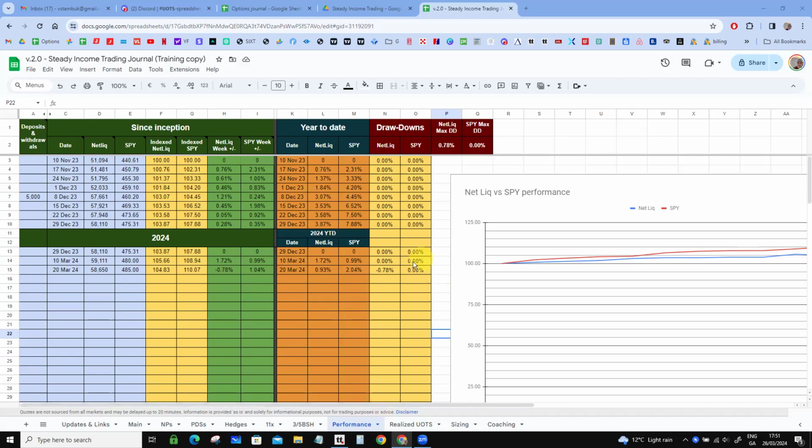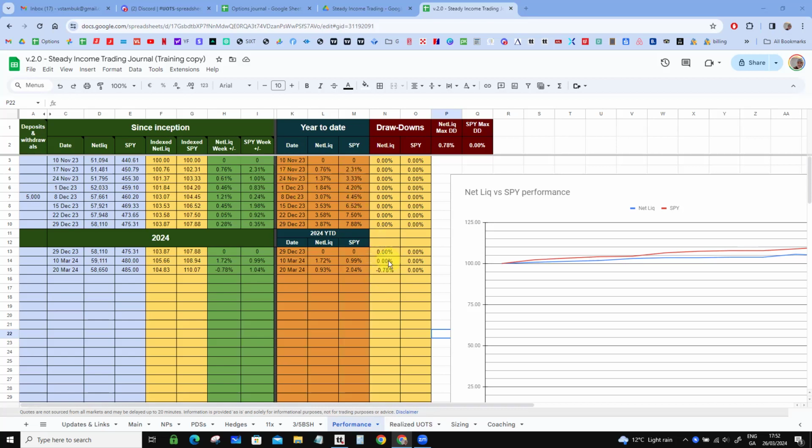And then I've added here drawdowns because we want to keep an eye on that. Our goal is to keep our MAR ratio, which is the CAGR divided by drawdowns. You keep an eye here on this, and it will show you what your highest drawdown is from whatever point before.